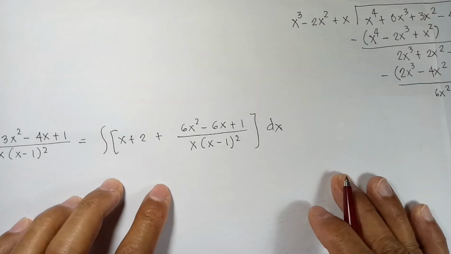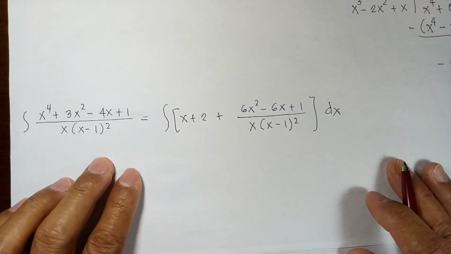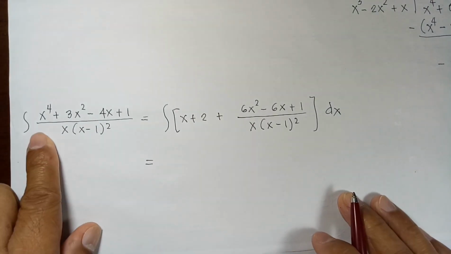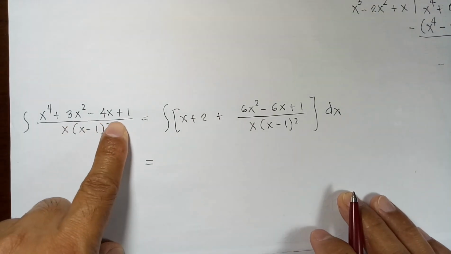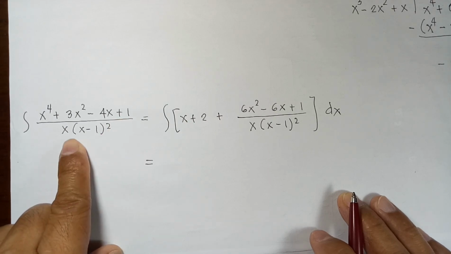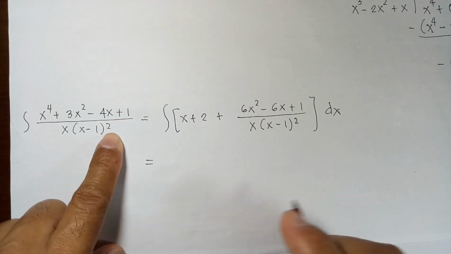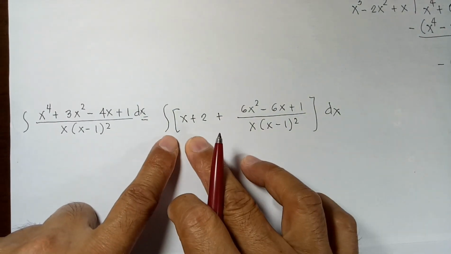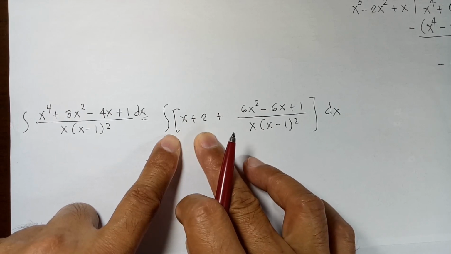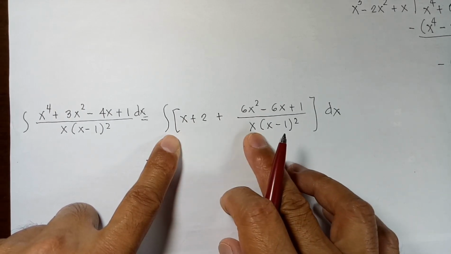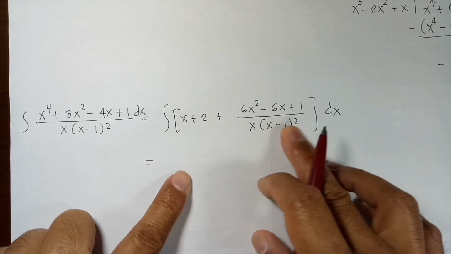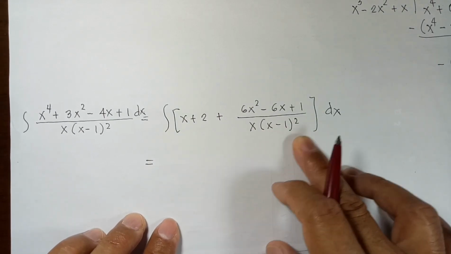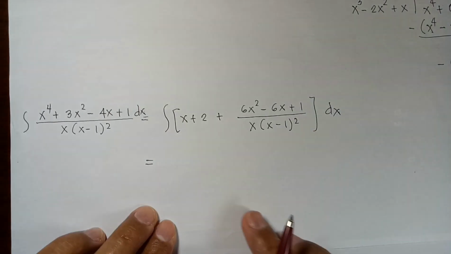Okay, so this will be the result. The integral of x to the fourth plus 3x squared minus 4x plus 1 divided by x times x minus 1 squared dx is also equal to the integral of x plus 2 plus 6x squared minus 6x plus 1 divided by x times x minus 1 squared dx.